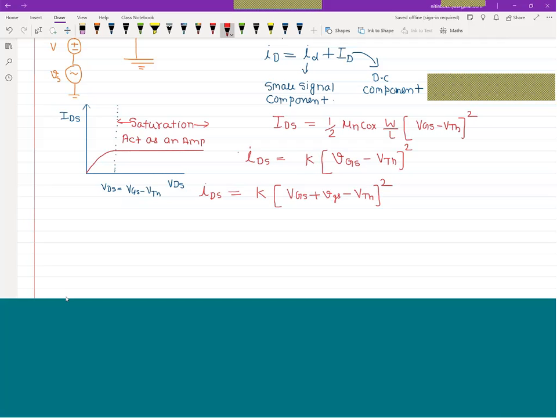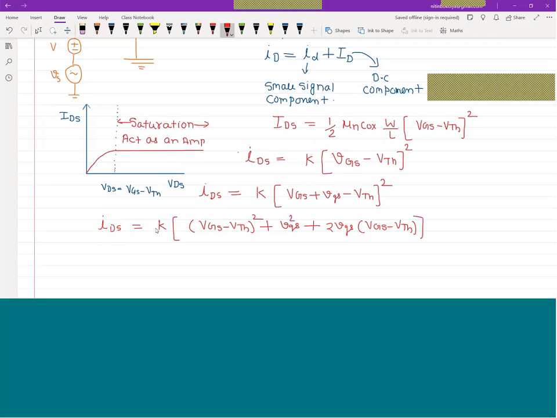And now I can write IDS as K times of (VGS minus VTH) whole square plus vgs whole square plus 2 times vgs into (VGS minus VTH).